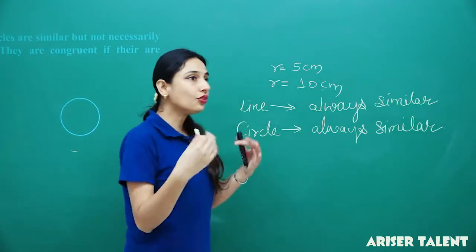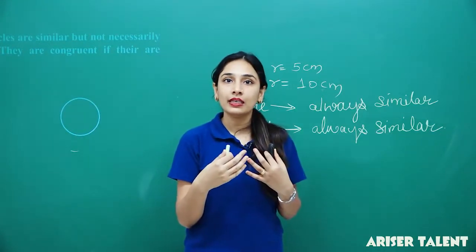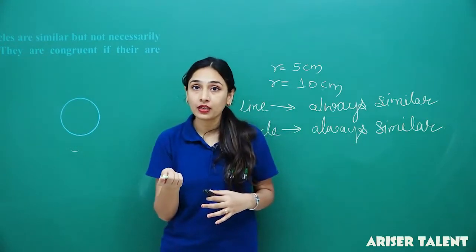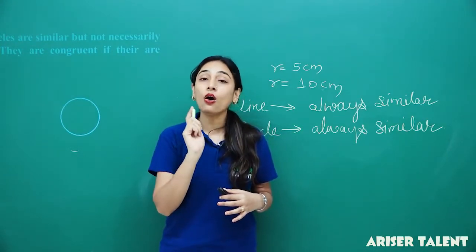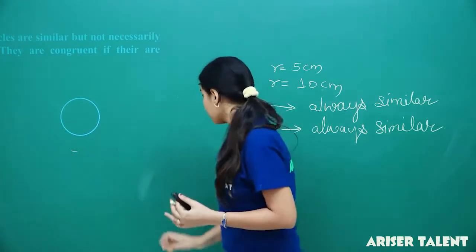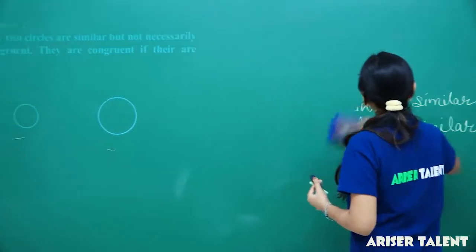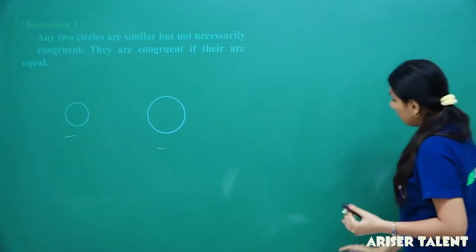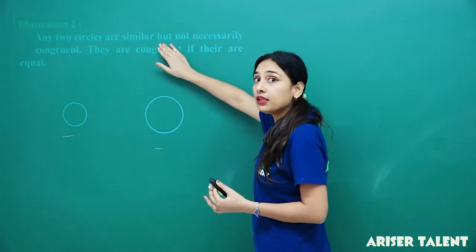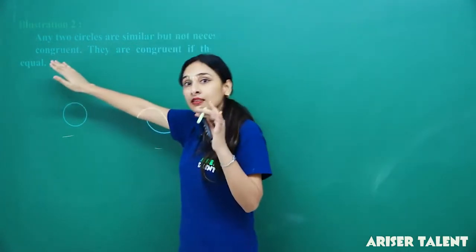Okay. So, what do you conclude? That they may or may not be congruent, but they are always similar. This is an important point. So, we have written this: any two circles are similar but not necessarily congruent.